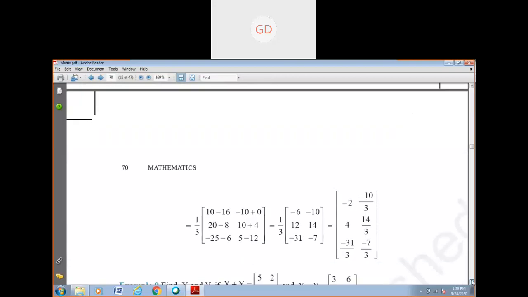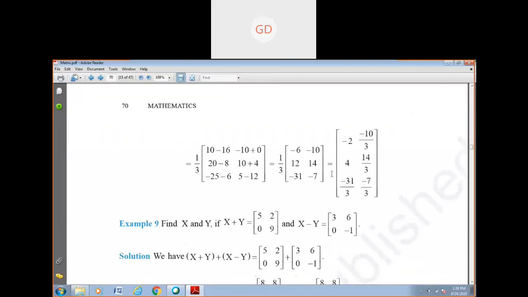So here it is, you see, 1 by 3, corresponding elements are added here, and after simplification we have got this: minus 6, minus 10, 12, 14, minus 31, minus 7. So this has to be again multiplied by 1 by 3. Finally, we multiply all the elements of this matrix by 1 by 3, and then we have this matrix.